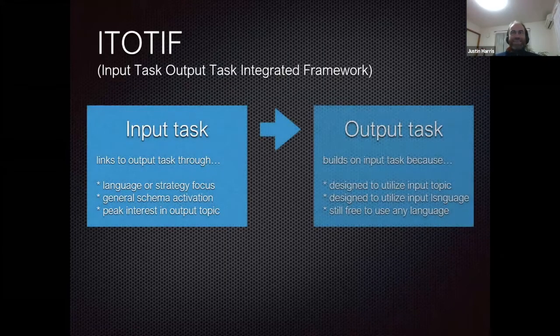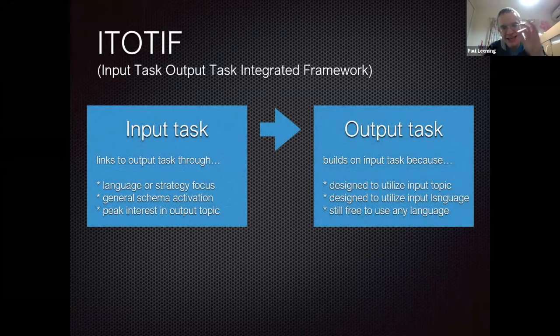Then the output task would deliberately link to the same theme. So you wouldn't have, okay, we talked about restaurants, now we're going to talk about what you did last weekend. We're going to have a speaking task. If you've read about restaurants in the input task, the output task is going to be talking about the same thing.